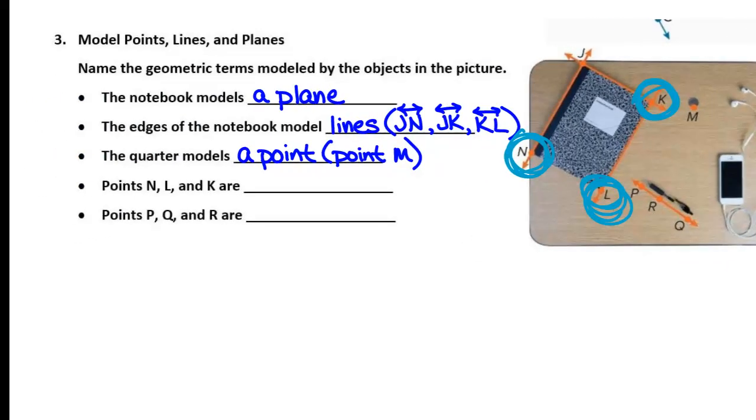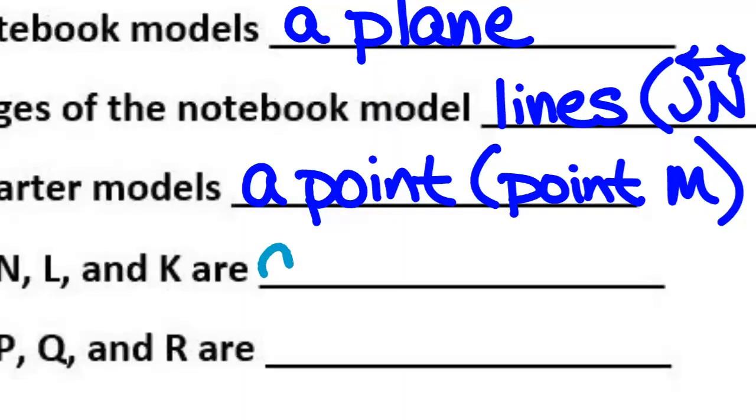No. Are they coplanar? Are they on the same flat surface? Yes, those are like the corners of the notebook. So they touch the edge of the notebook. Those are all on the same flat surface together. So those were considered to be coplanar. We're going to say those points are coplanar.